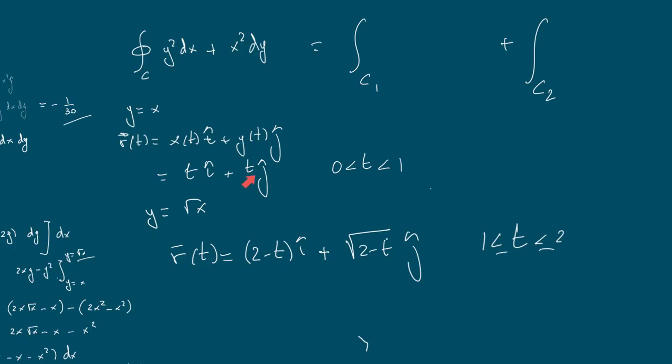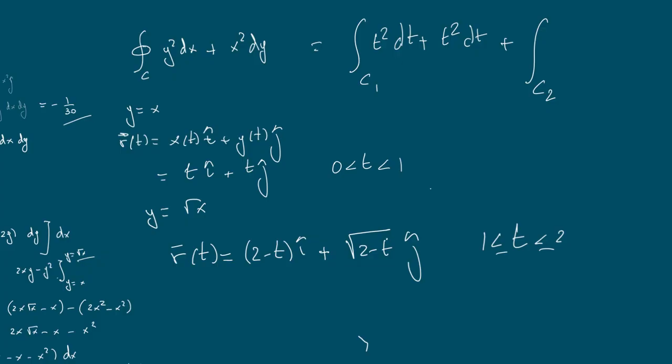The y is t. y squared is t squared. What is dx? Well, the x is t, so dx is dt. Plus x squared. The x is t, so it's t squared, plus dy. The y is t, so dy is dt.